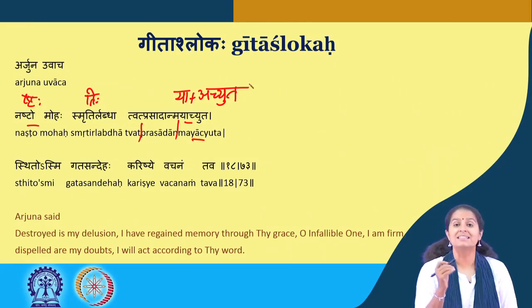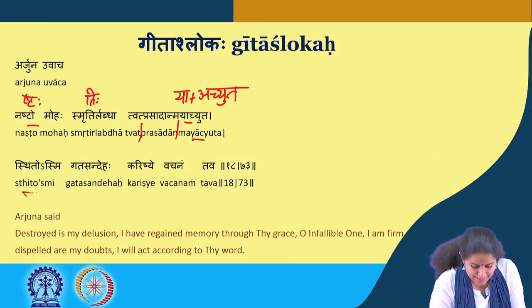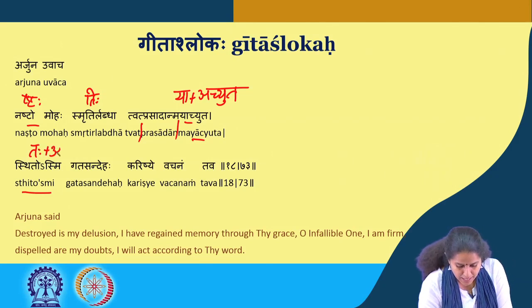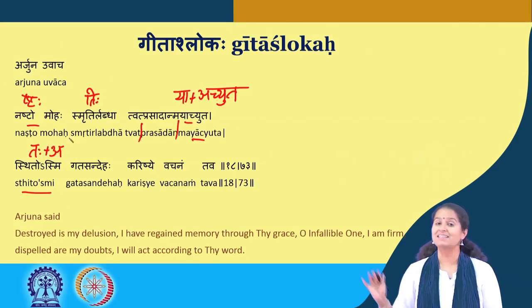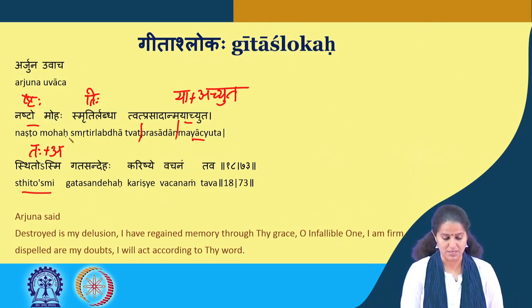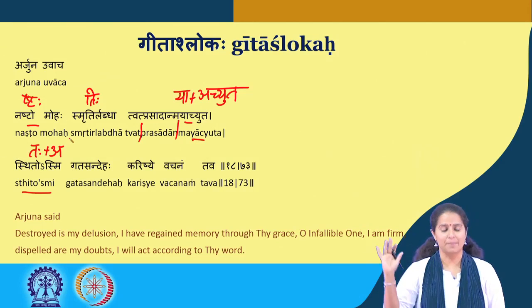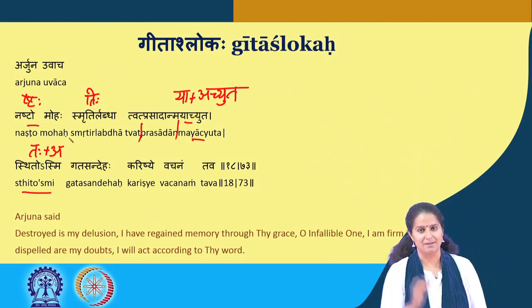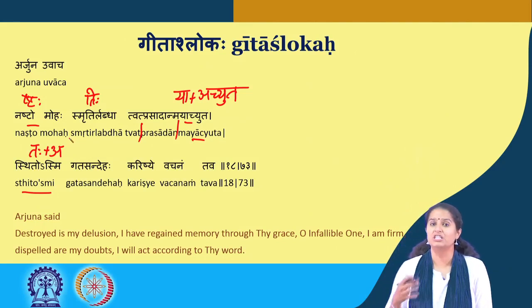Alright, then he says Sthitosmi. Do you recognize that form of writing? It is a combination of Sthitaha plus Asmi: I am standing, or I am situated. Gata Sandeha, gone are my doubts. Karishye, I will do. Vachanam Tava. We've looked at karishyami.